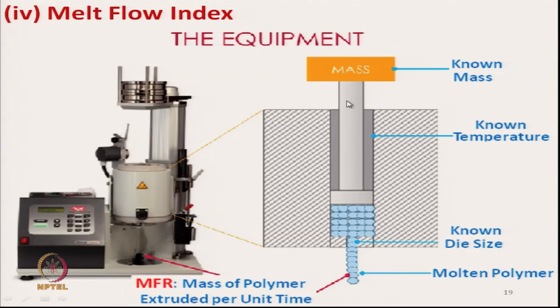When the molten polymer flows through the die, the quantity per unit time is measured. So, the mass of polymer extruded per unit time is measured, and that shows the melt flow index. If we change the temperature or the die size, the melt flow index will change.